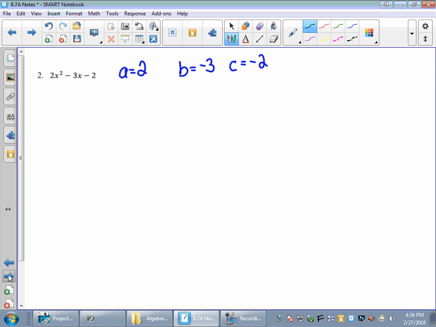All right, I know A times C is going to be the left-hand side, my AC table. So I have a 2 times a negative 2, which of course gives me a negative 4.